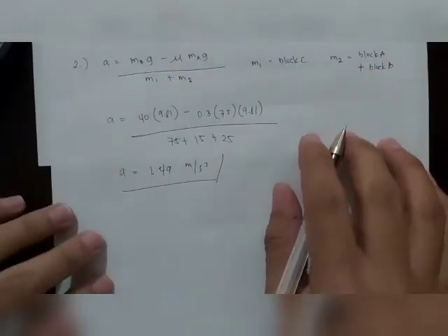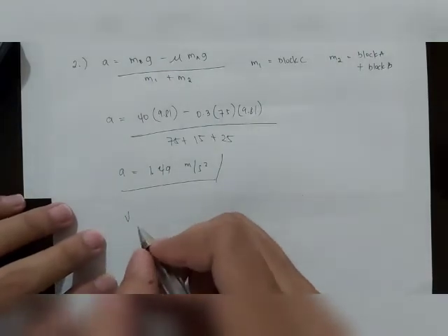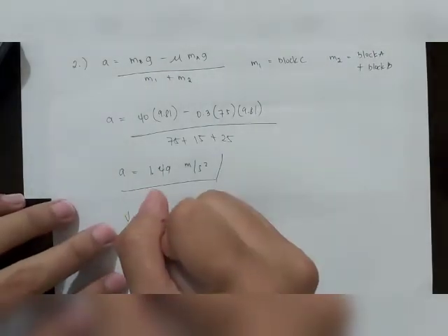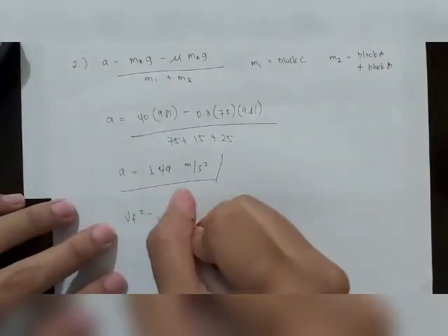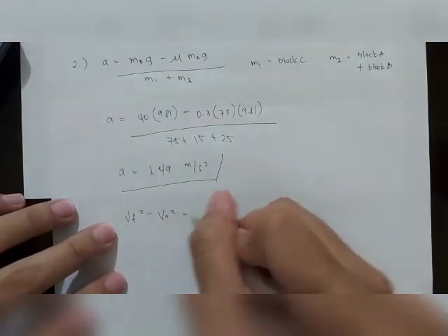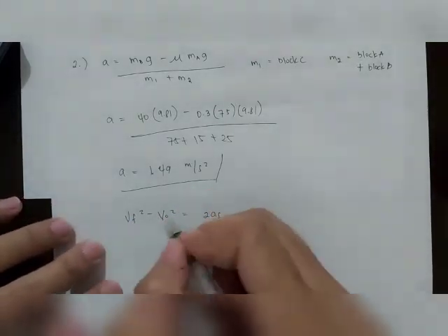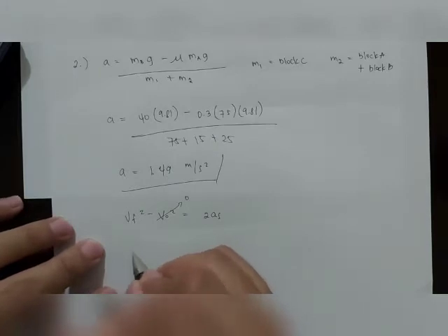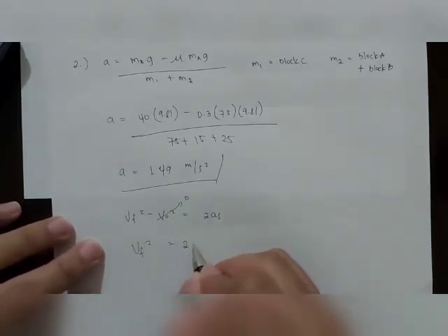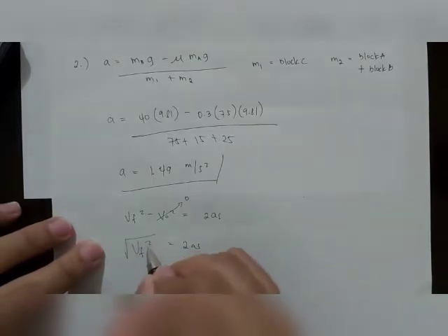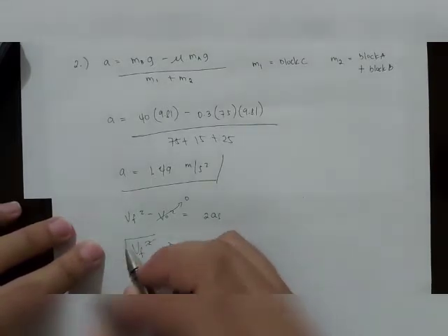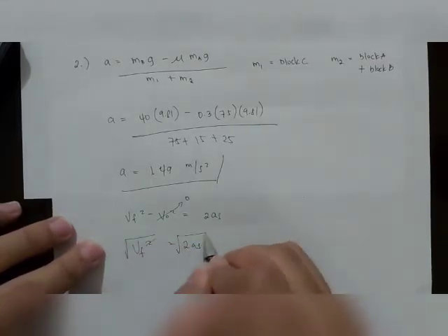So to get the velocity, we have the formula of velocity, Vf squared minus initial velocity squared is equal to 2as. We have the initial velocity, that is 0. We have Vf squared is equal to 2as. So to cancel the square, we will square root this.